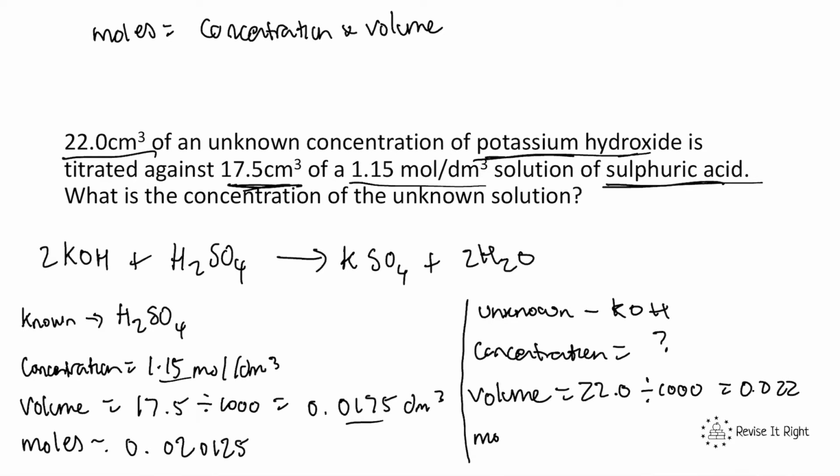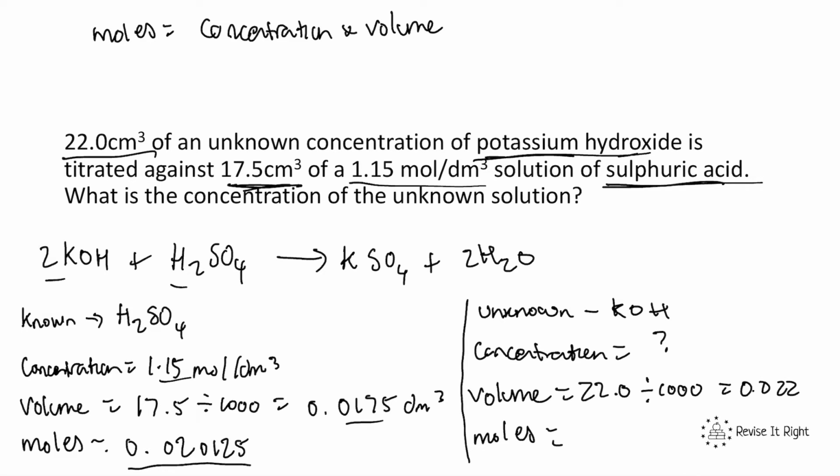And then the moles, remember this is where we look at our balanced equation. For every 2 moles of potassium hydroxide, we need 1 mole of sulfuric acid. So we need double the amount of potassium hydroxide as we do sulfuric acid. So if we've got this amount of moles of our sulfuric acid, we need double that for potassium hydroxide, so we're going to times it by 2.